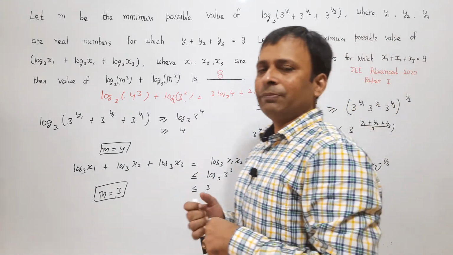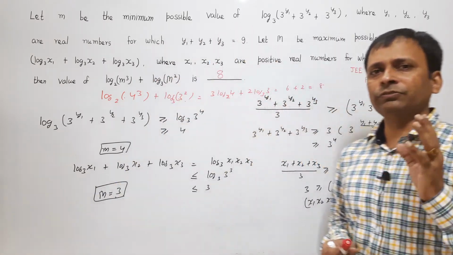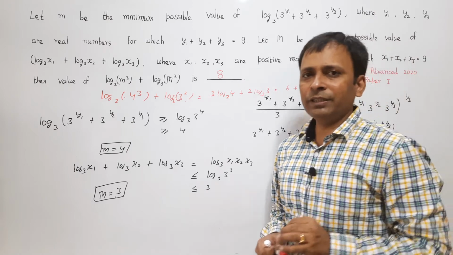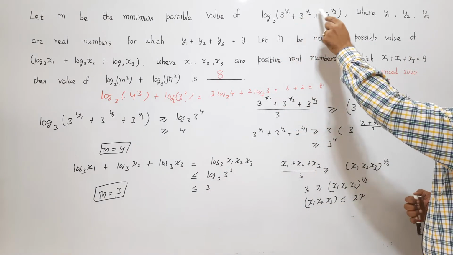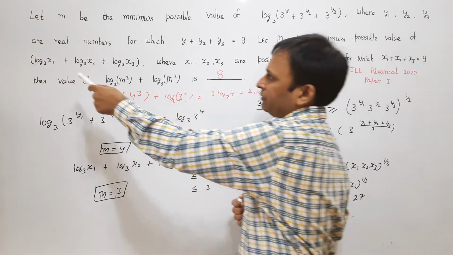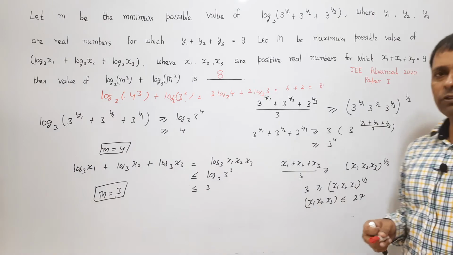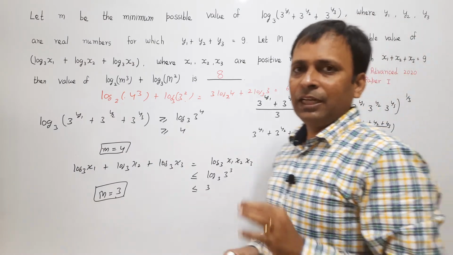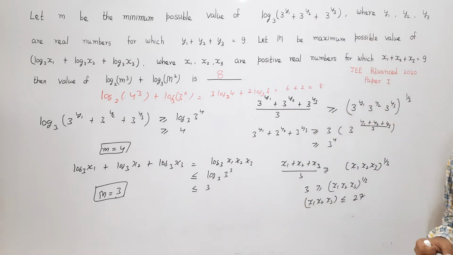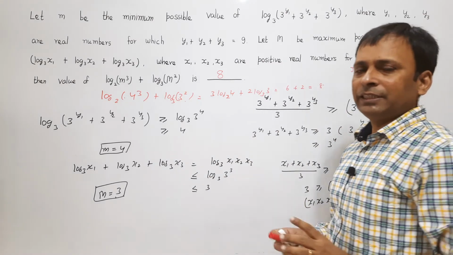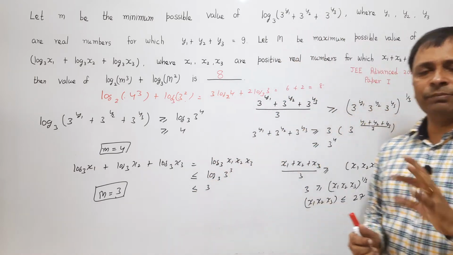Now suppose somebody does not know anything about the AM-GM inequality, for him also it is very easy to solve. The reason being both the expressions are symmetrical, one with respect to y1, y2 and y3, and the other symmetrical with respect to x1, x2 and x3. He will simply think that because the expression is symmetrical, even if I interchange these values it doesn't make any difference.